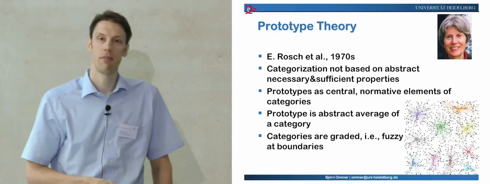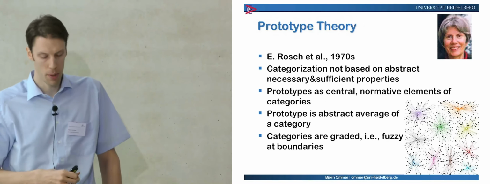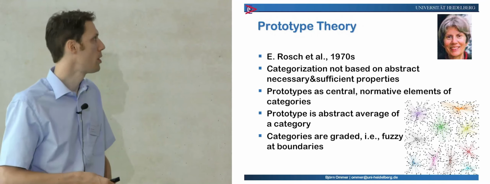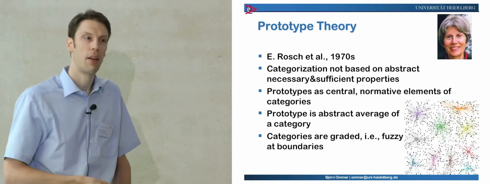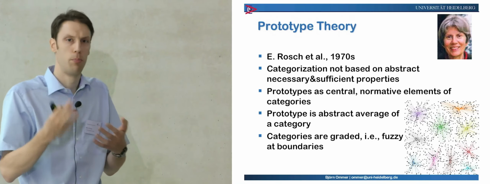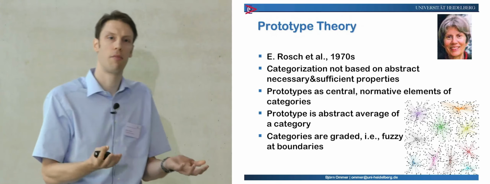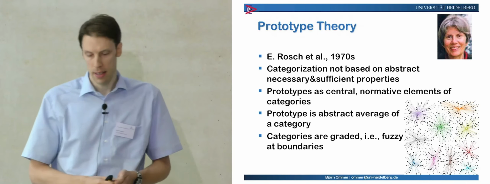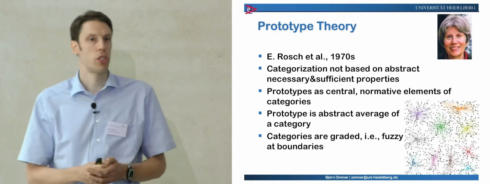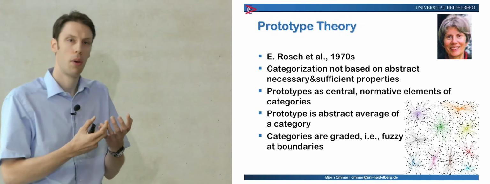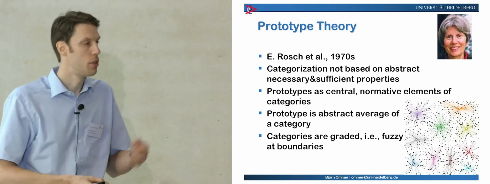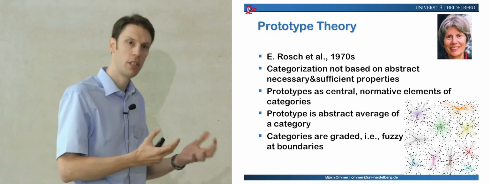But in the 1970s, psychologists thought a little bit further about that, and they noted that their subjects, human observers, when observing scenes, were not, when thinking about birds, for instance, coming up with a set of axioms to say, this is a bird or this is a car. Rather, they saw that their subjects came up with prototypical representations for a certain category. So if you ask 100 people, what is a bird?